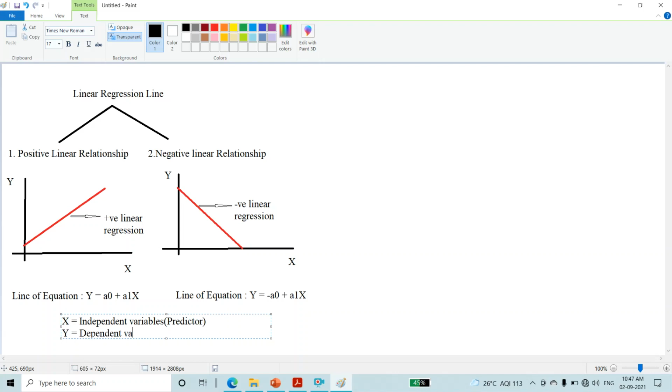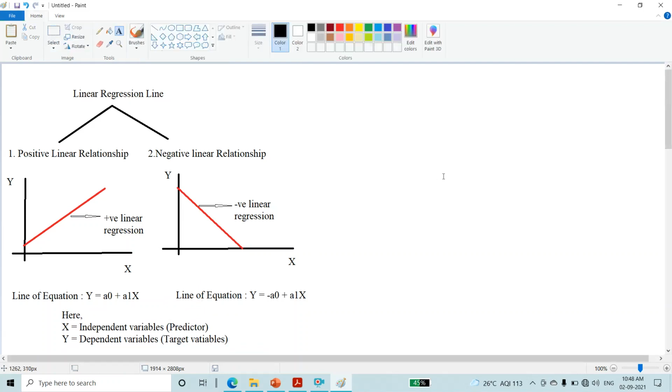Dependent variable, that is our target variable. Okay, so this is the line of regression.